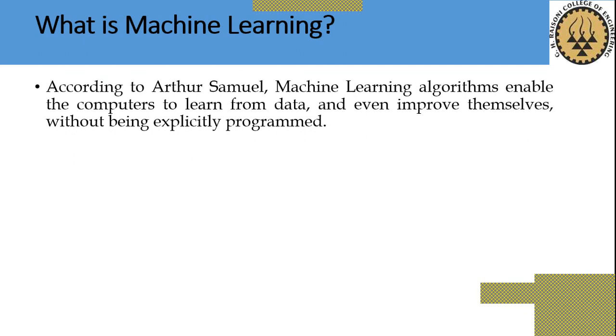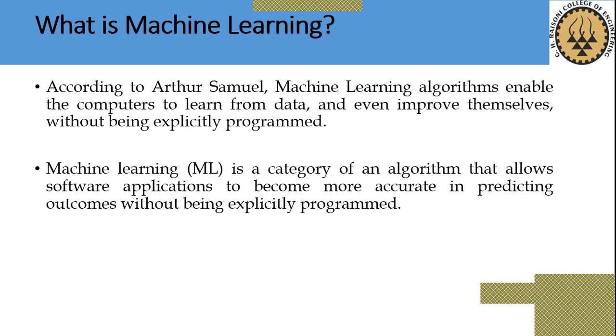According to the author Samuel, machine learning algorithms enable the computer to learn from data and even improve themselves without being explicitly programmed. Machine learning is a category of algorithms that allows software applications to become more accurate in predicting outcomes without being explicitly programmed.